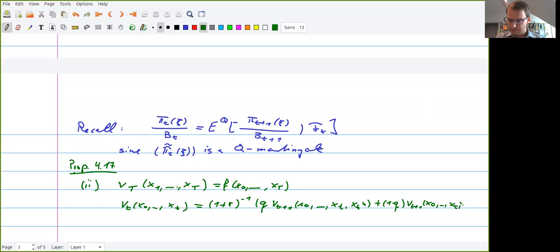For the downward move, right? T up to time t minus 1, and x again the prices of time t. Actually, I should write pluses here.